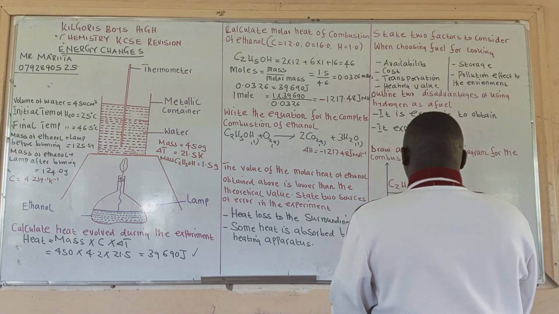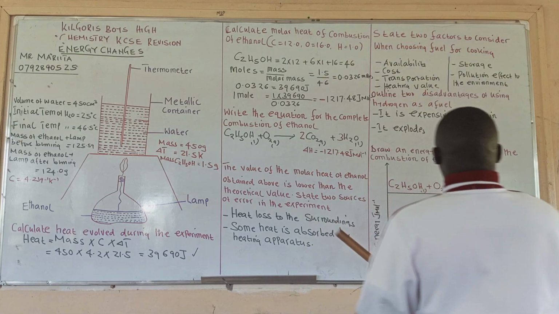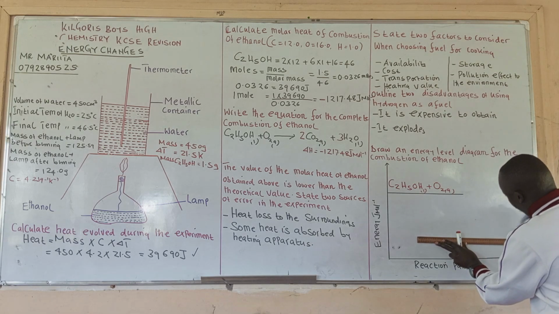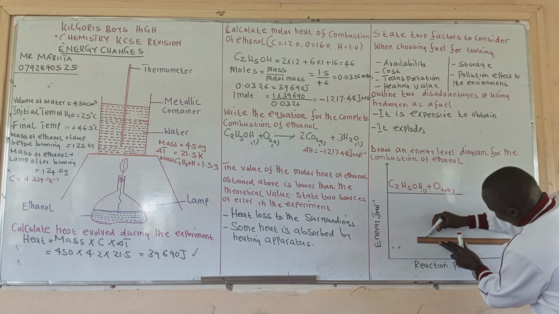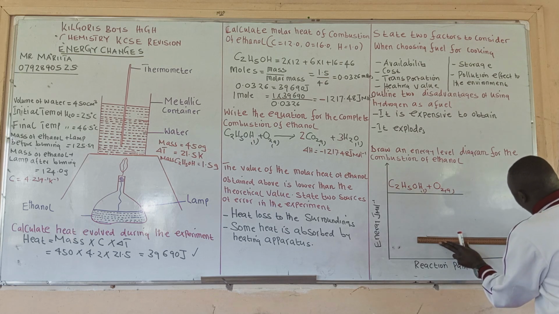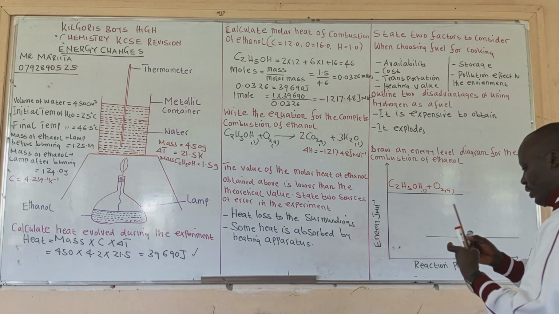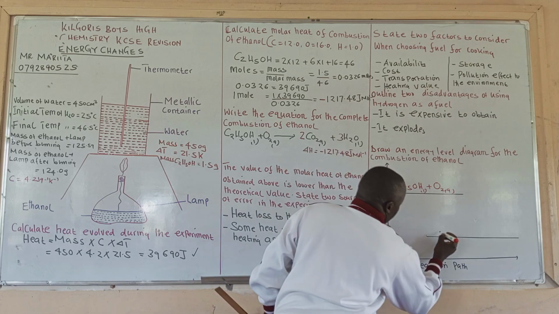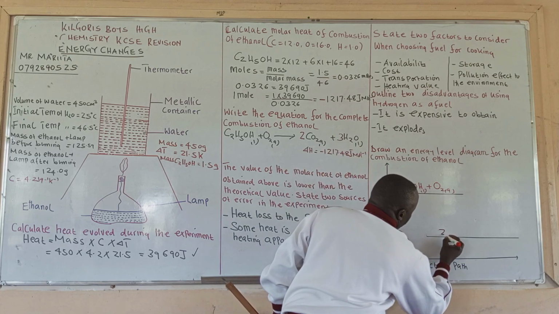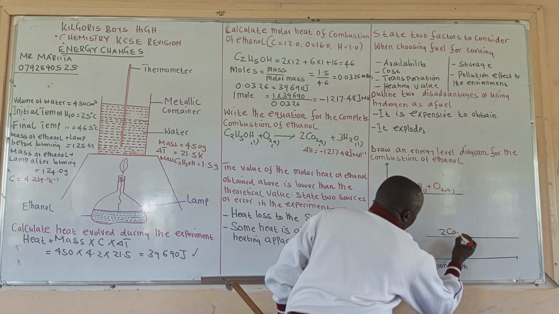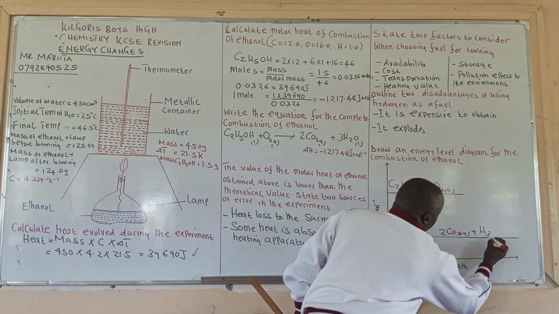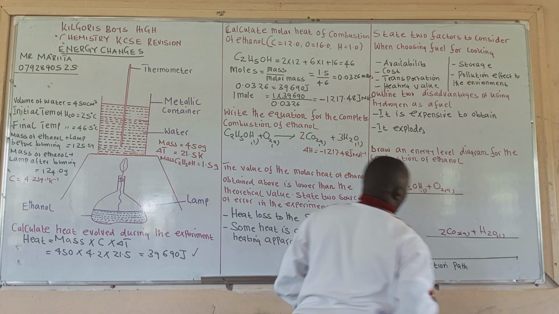Then at the lower level now we can have the product. So we have the product here. The product we have is CO2, plus water as a liquid.